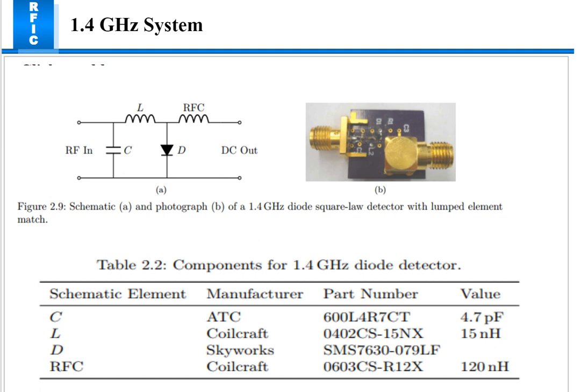That is, a Schottky diode is matched with a lumped element LC match, shown in the figure first, with the corresponding elements shown in the table, and a photograph of a square law detector is in figure B. And when you see in this table, there is a capacitor, a symmetric element, and manufacturer, etc., and the part number is this, the value is 4.7 pF, and all this.